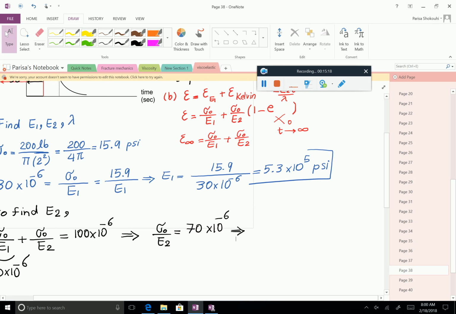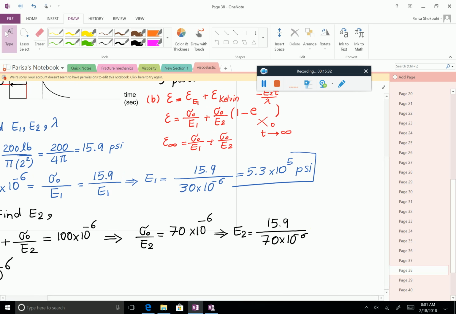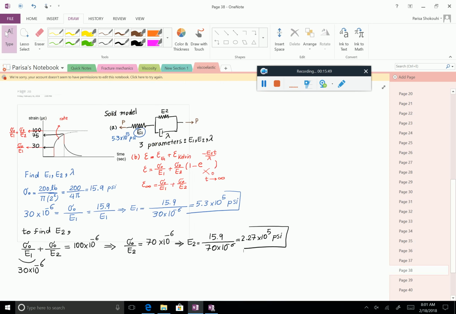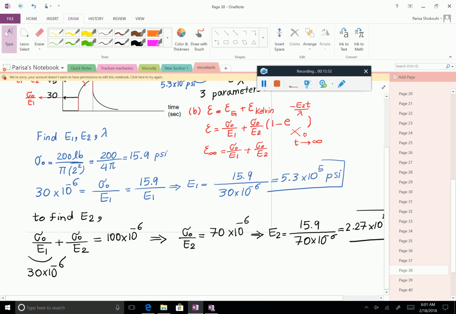And we have sigma 0, so we just substitute and we get, if I haven't made any mistakes, something like 2.27 times 10 to the 5 psi. Perfect.